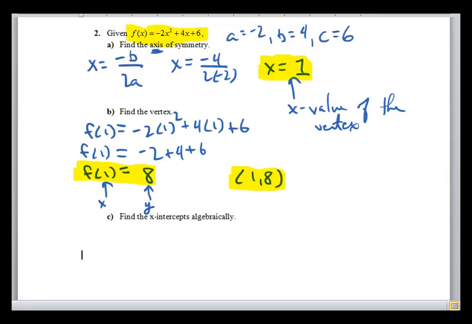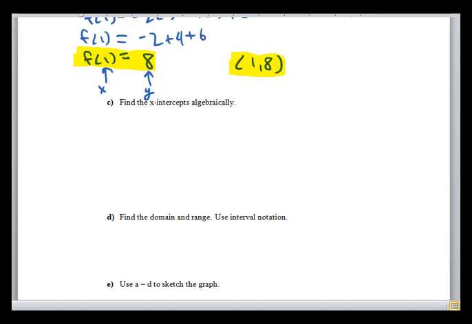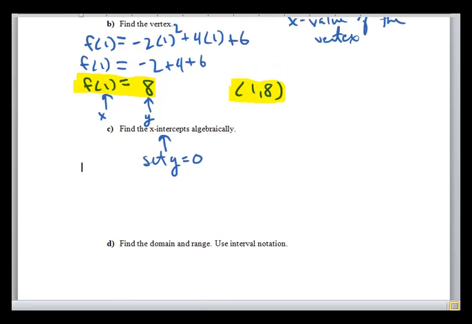So just remember that. And then the x-intercepts, well, what was the rule always for finding an x-intercept? You set y equal to 0, but really this is in function notation, so y is really f of x.